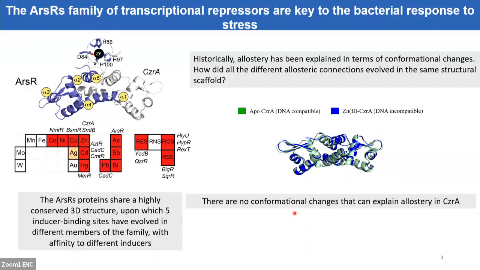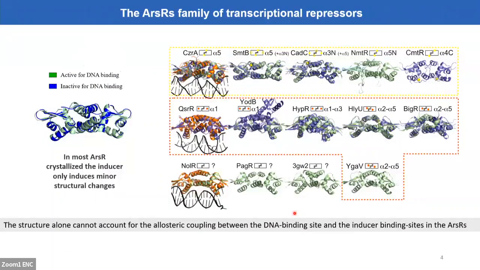And this has not only been observed in CCR8, but for the rest of the proteins within the family for which we have the structures, or that other people have solved the structures of the DNA binding competent form of the protein and the incompetent form of the protein, they are highly similar. So the structure alone cannot account for the allosteric coupling between the DNA binding sites and the inducer binding sites in the SARS. So the question is then, well, then what does?